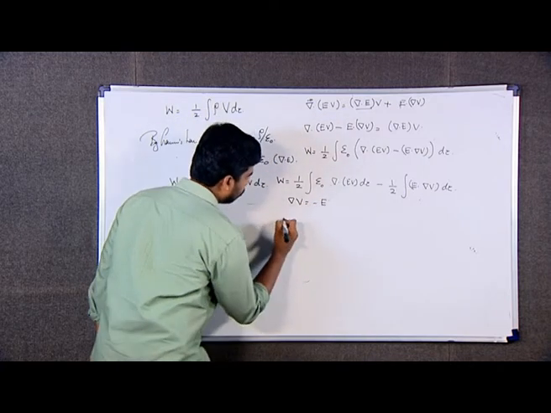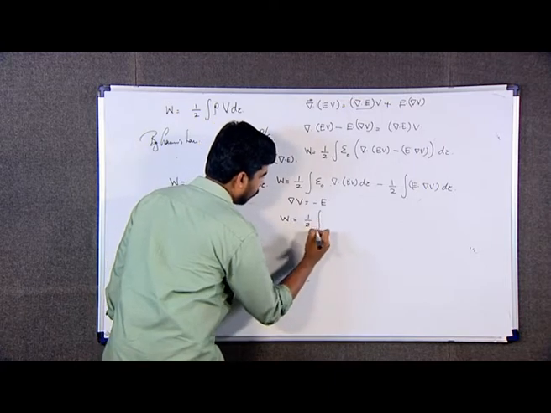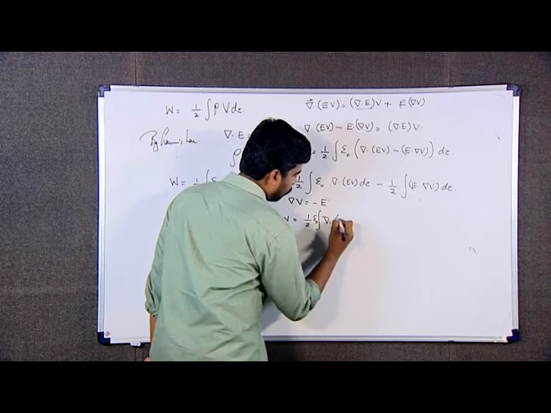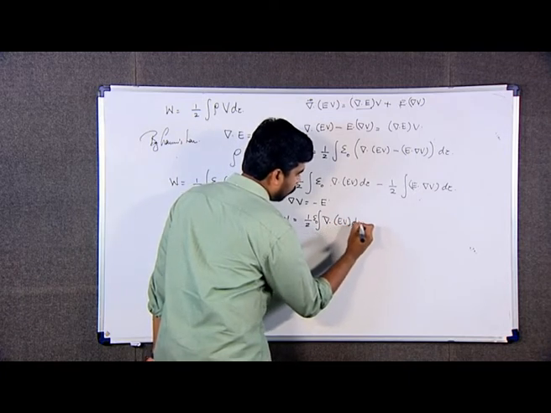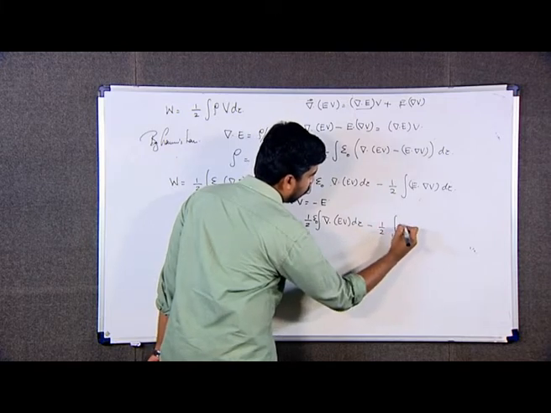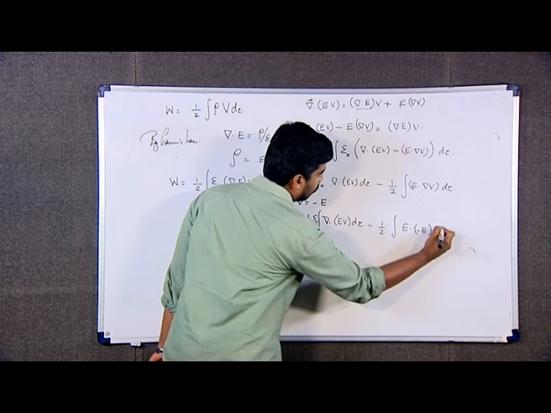So, I can write W is equal to half into integral, epsilon 0 I will take out, del dot (E V) d tau minus half into integral E dot (minus E) d tau.